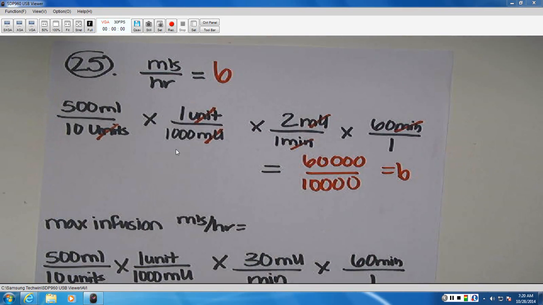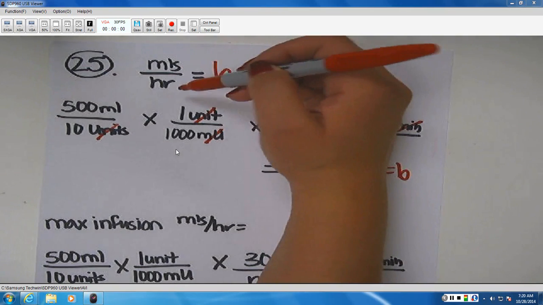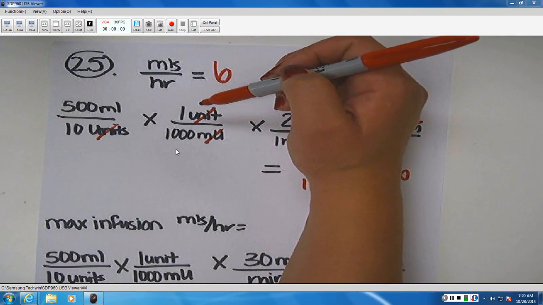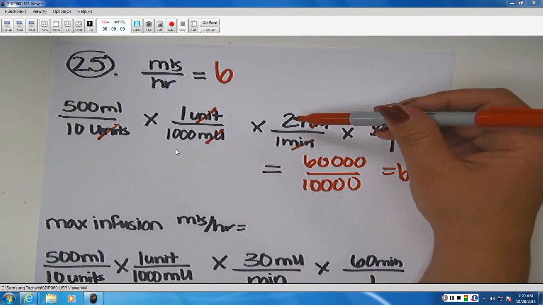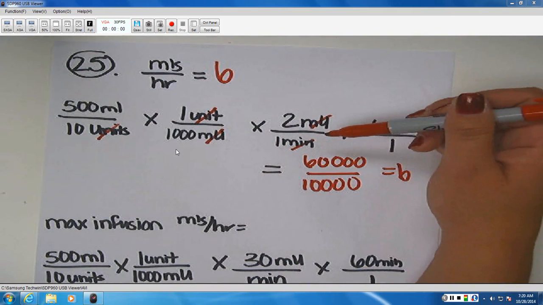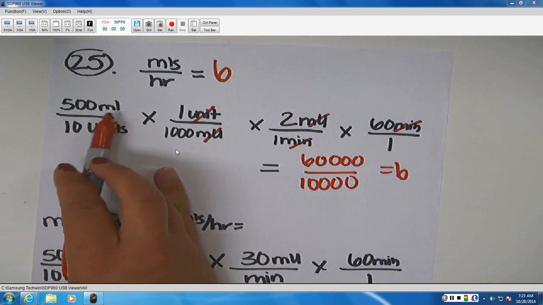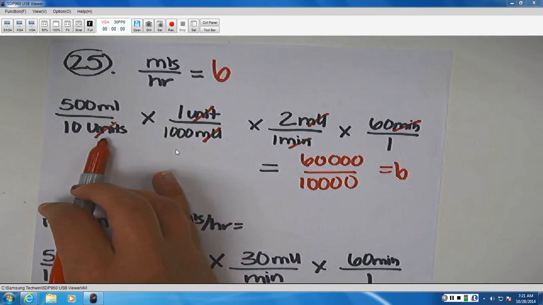We have to figure out what that converts to with the medicine that we have on hand and how to set our pump up. So I want to know how many mLs per hour of this medication my pump needs to infuse to equal a medication dosage of 2 milliunits per minute. I have a 500 ml bag with 10 units of Pitocin in it.